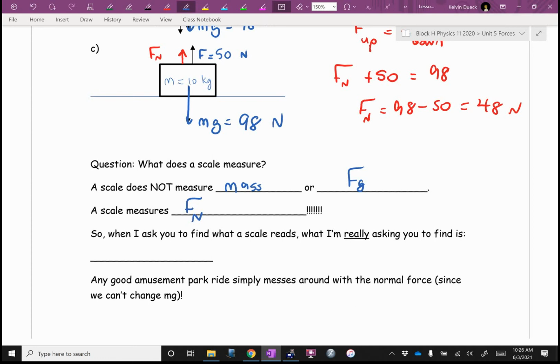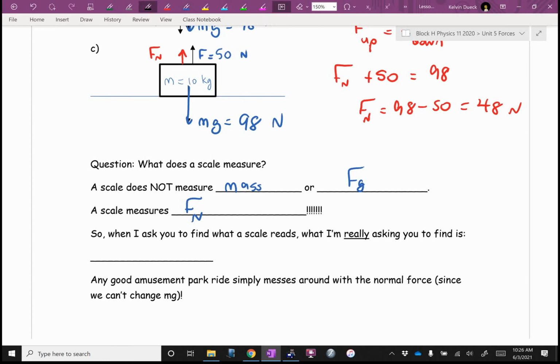Why 0? Because there's no ground pushing up on me. I still have my mass, and I'm definitely under the influence of gravity. But I feel weightless because what you all think of as your weight is actually how hard the ground is pushing up on you.